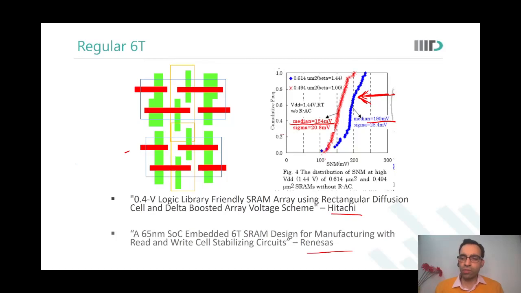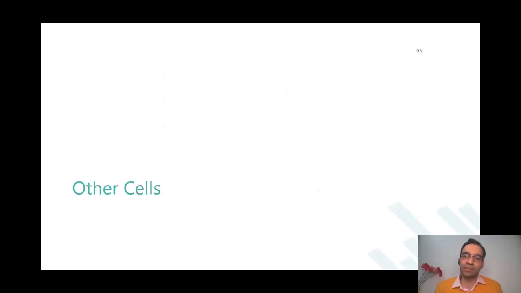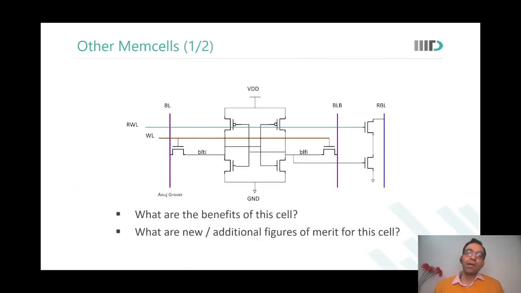So with this, we move to the next part, which is other cells. We looked at 6T cells till now. This is another memory cell.